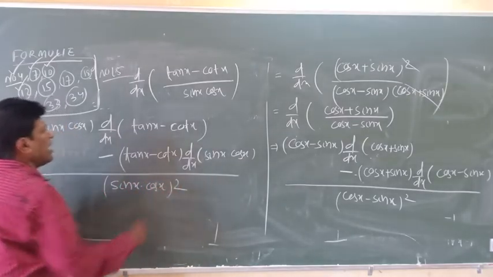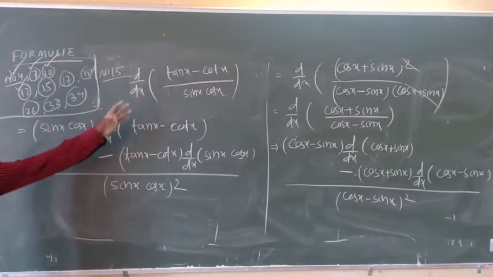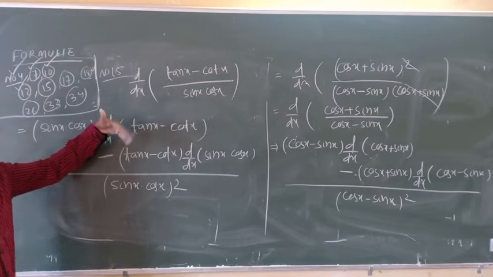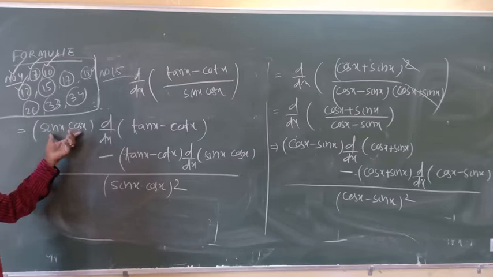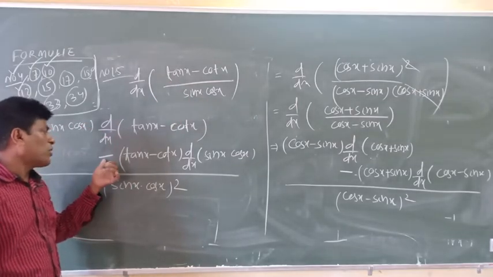Again I told you about this formula: when differentiating a division, the denominator is constant times the derivative of the numerator, minus, not plus.